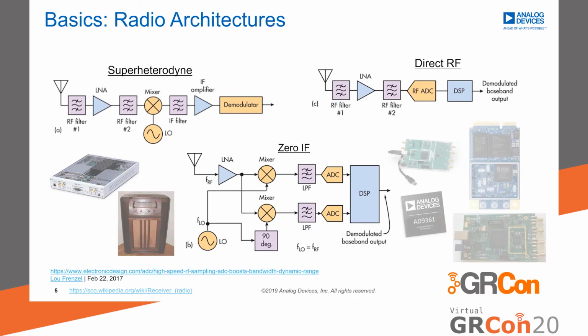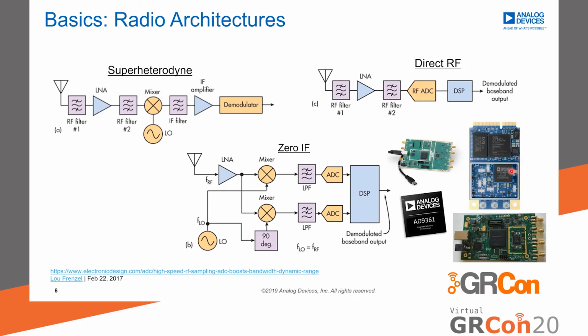Now, moving on to zero-IF, which is usually what we think of when we talk about SDRs or modern SDRs. This architecture uses no IF stage, so instead it uses just a single mixer to mix things down to baseband. This architecture is in devices like Pluto, like BladeRFs, Sidekicks, USRPs like the B210.